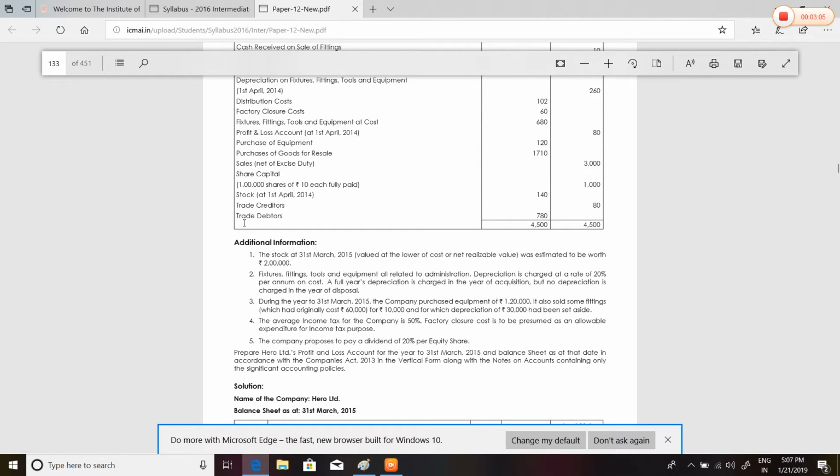Depreciation is to be charged at 20% per annum on cost. A full year depreciation is to be charged in the year of acquisition, but no depreciation is to be charged in the year of disposal.